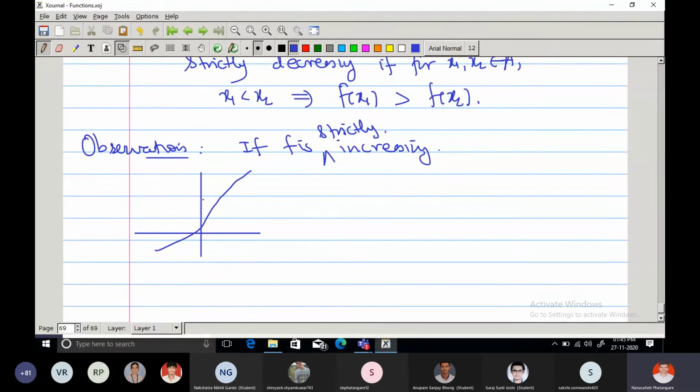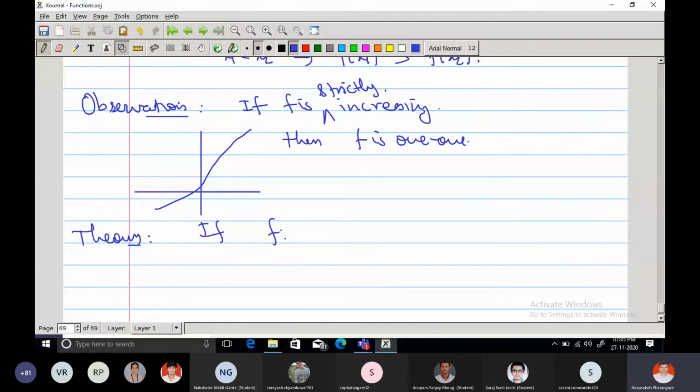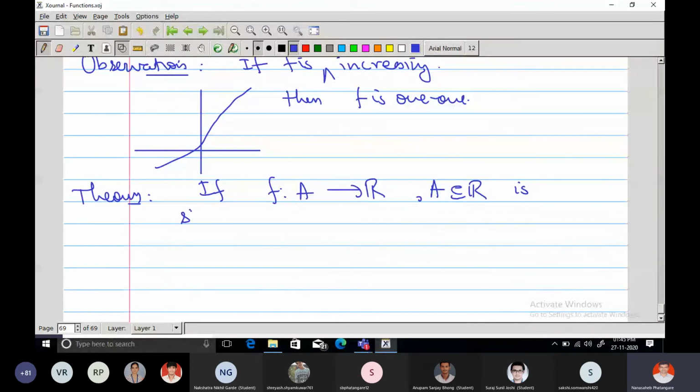Yes, sir. Then f is 1-1 or injective, right? And so therefore if f from A to R, where A is a subset of R, is strictly increasing, then f is 1-1. So if a function is strictly increasing, then the function is 1-1.